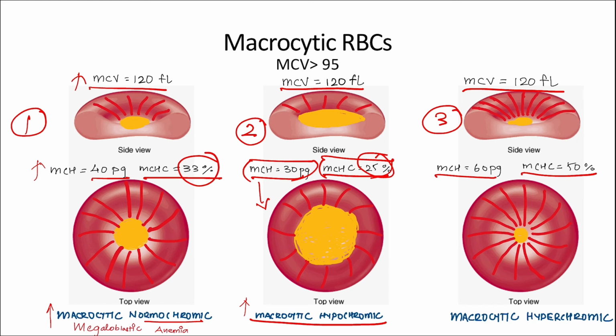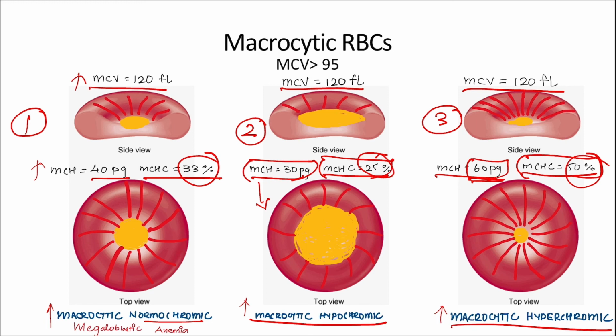In cell 3, it is called macrocytic hyperchromic. Why macrocytic? Again, because it's larger in size. Why hyperchromic? Because it has a high amount of hemoglobin compared to its size. So MCHC will be 50%, so it is called macrocytic and hyperchromic.